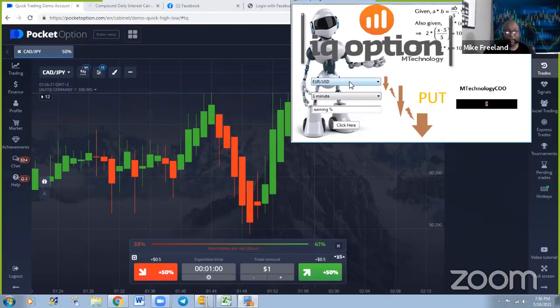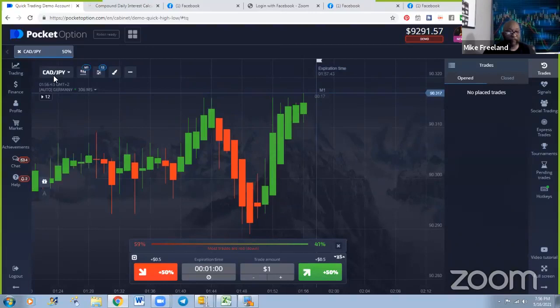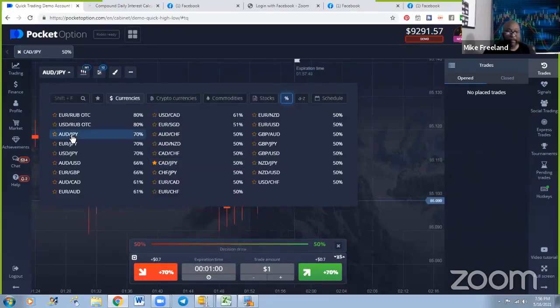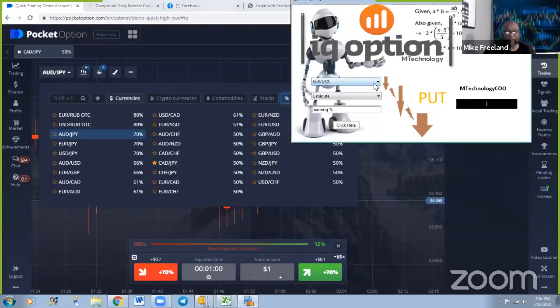You go here for whatever pair you're looking to trade. Let's say, for example, this is under 50%, well, 50%. We don't want to trade there. So we come over. AUD JPY is at 70%. Is AUD JPY in our drop down?